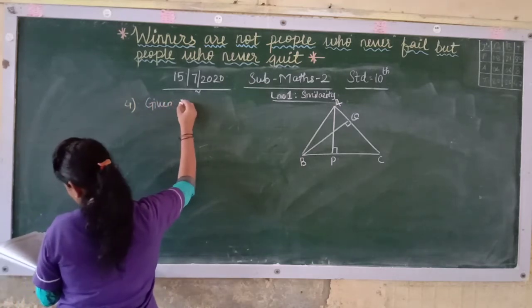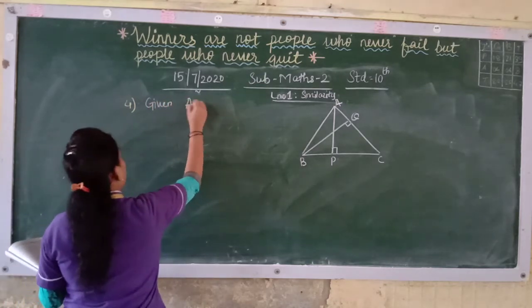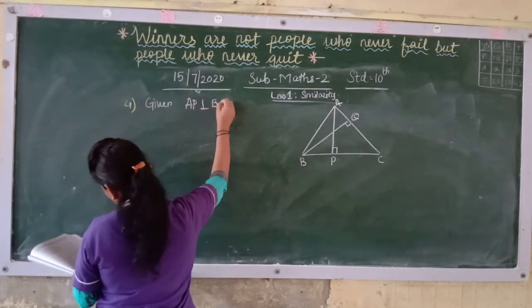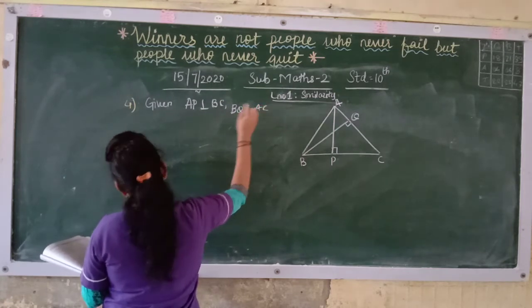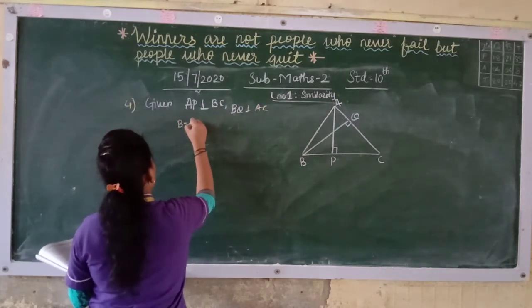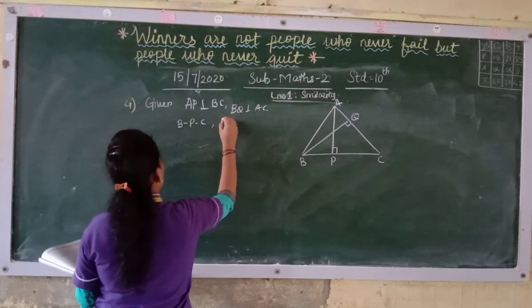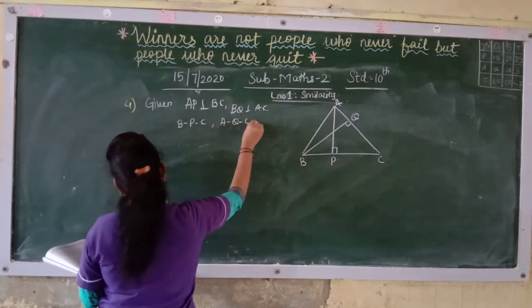So in the given we have AP is perpendicular to BC, BQ is perpendicular to AC, and B', C are collinear points, A', Q', C.